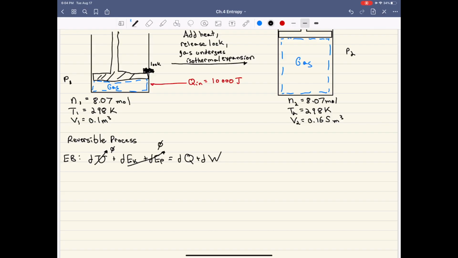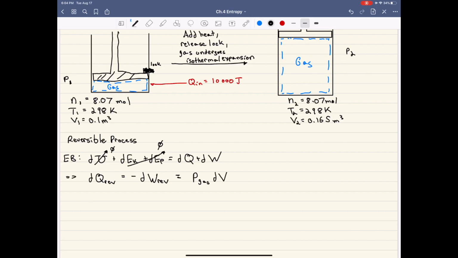So the only things we have left are dQ and dW. And so for the reversible process, the dQ reverse is going to be equal to the negative dW reverse. And we know for mechanical work, the negative dW reverse is just P gas times dV.